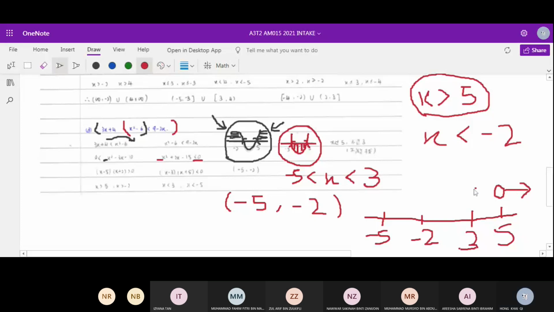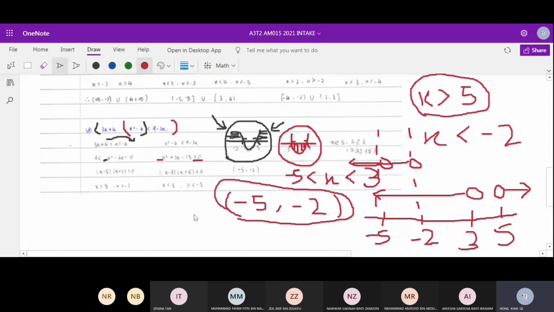Less than 3, less than 5, and then less than negative 2. The only intersection point is here, between negative 5 and negative 2. So therefore the answer will be negative 5 and negative 2. You can also write like this. That's all.